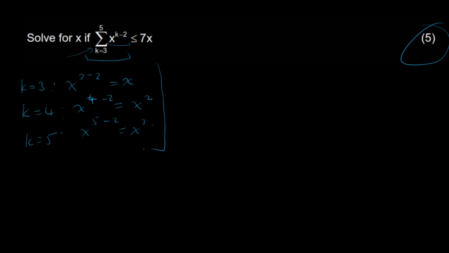So this summation can be rewritten as x cubed plus x squared plus x being less than or equal to 7x. And then we can even rewrite that further and state it as x cubed plus x squared minus 6x, and that's if and only if we apply the correct technique. If we do to the left, we do to the right. Well, that should be minus 7.